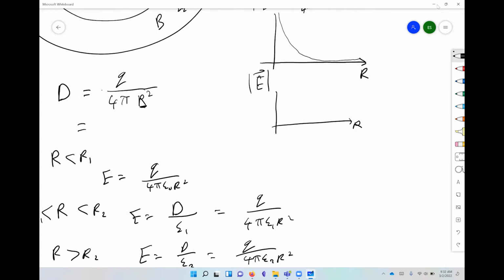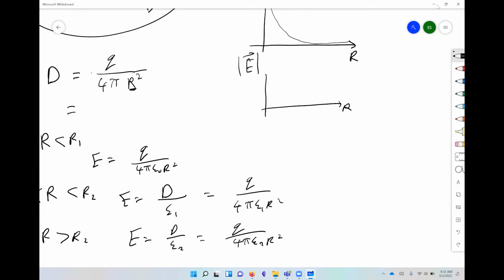So here in the beginning, it's going to be something like this. And then once we reach R1, it's going to be suddenly scaled by a different value. So epsilon 1 is larger than epsilon 0, right? So it's going to be some smaller value. It's going to drop like this, right? And this is the original one for air. And then it's going to keep going down.